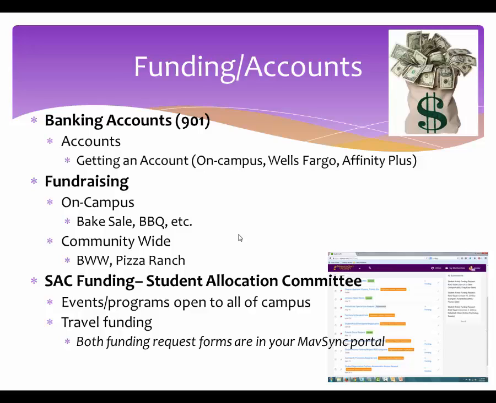Now, for both on-campus and community-wide fundraising events, it's important that you fill out the fundraising request form within your portal under Forms. We'll review all the different forms and where they're located at the end of this tutorial. But you do need to fill out your fundraising request for both off-campus and on-campus fundraisers.